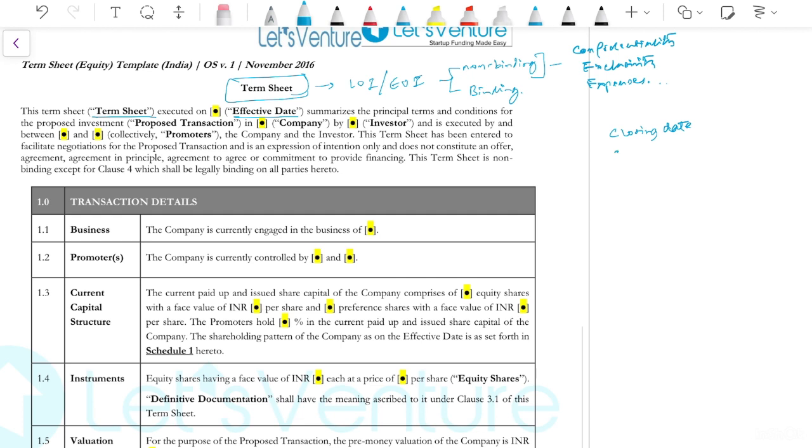And here we are reading effective date. So the difference is that when we say effective date, we mean the date on which the term sheet is signed. And when we say closing date, it refers to the date of definitive documents, when the definitive documents are executed. So whenever we talk about closing date, it refers to the definitive documents and not the term sheet.